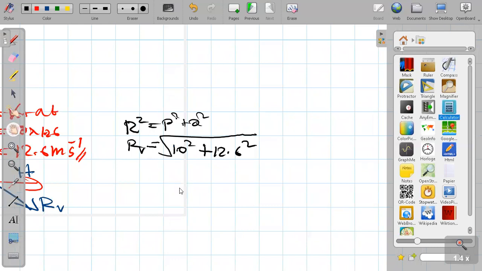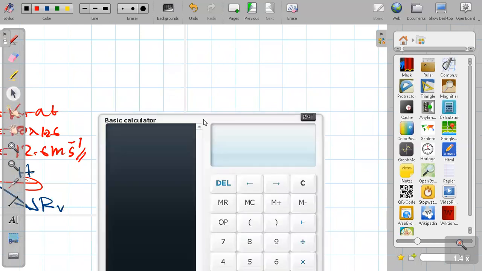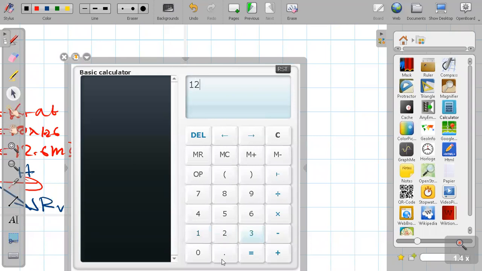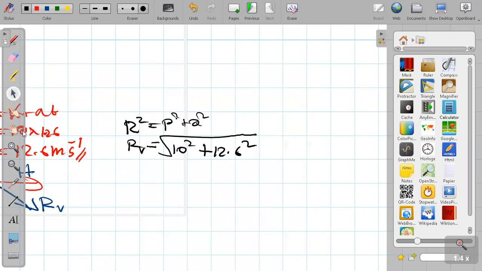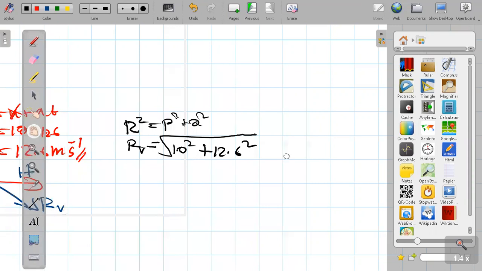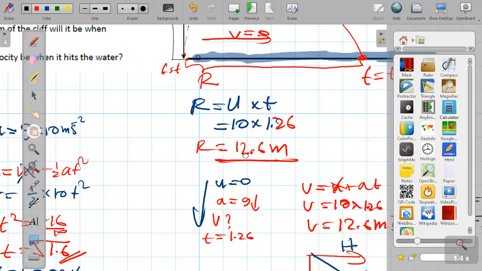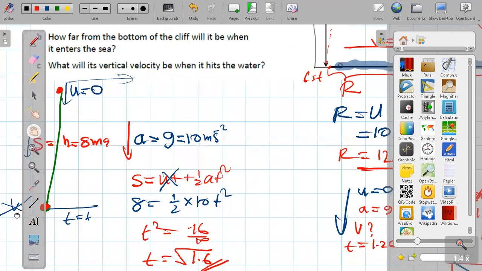So again, forget that. Here you got 12.6 because 1.26 came from the square root of 1.6.